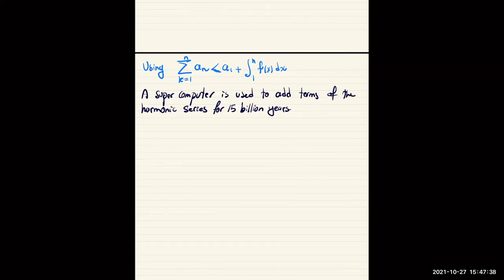And I don't know how fast the fastest processor is, so let's say that the fastest processor does 2 times 10 to the 7 calculations per second.